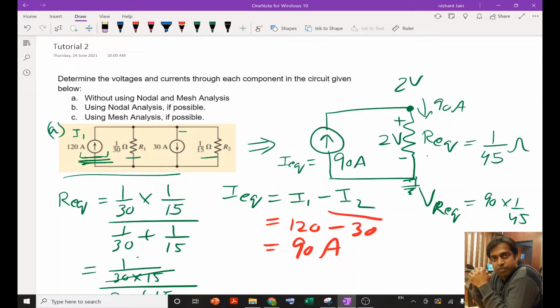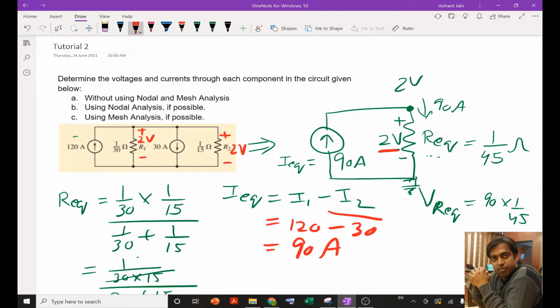Now in the main diagram, these two resistors R1 and R2, since the R equivalent voltage is 2 volt, the same potential drop must be there across R1 as well as across R2. So the potential drop across R2 will also be 2 volt, and across R1 it will also be 2 volt.